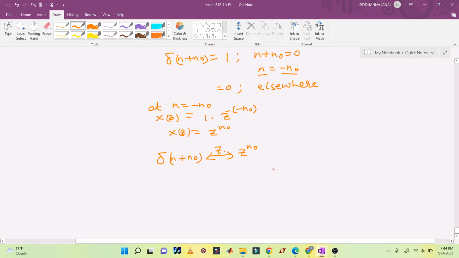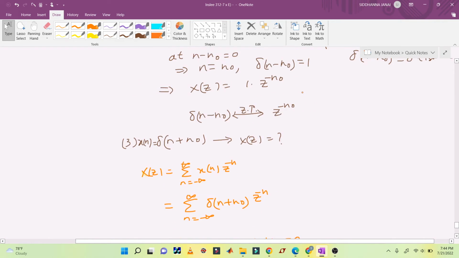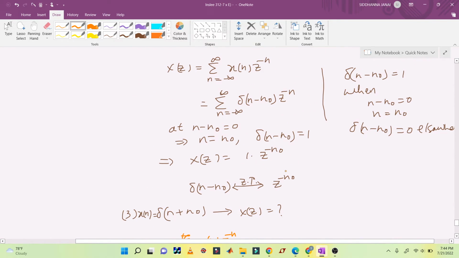And here z should be less than infinity because it is a positive power. Earlier z to the power minus n naught was there, that's why ROC was z greater than 0.